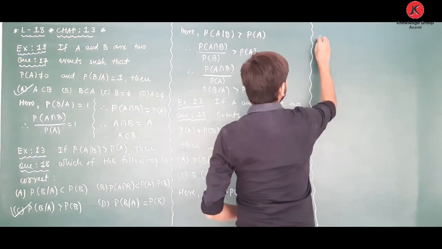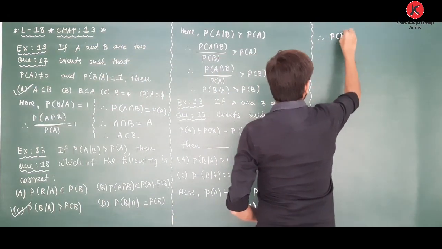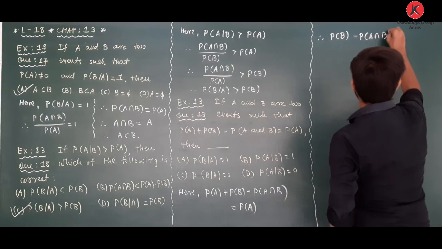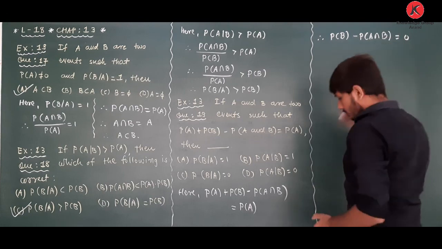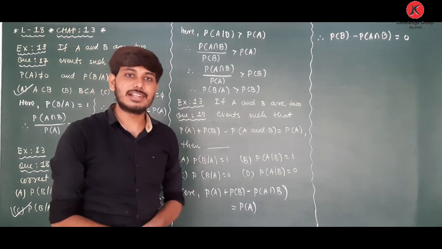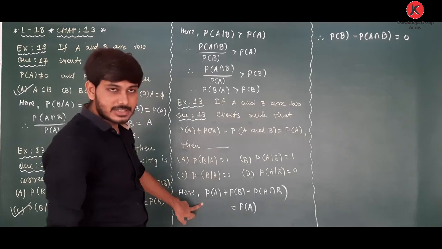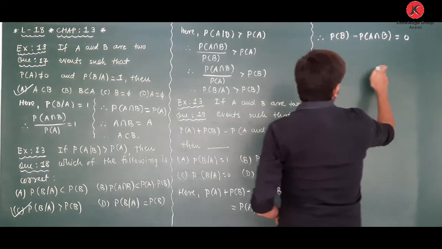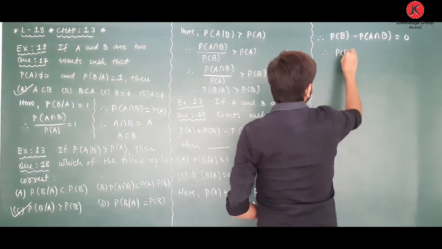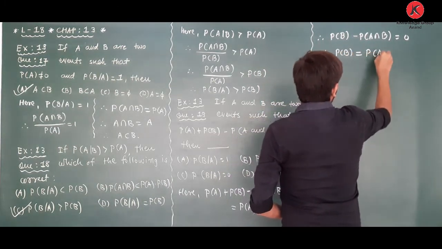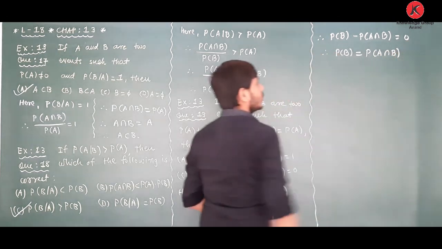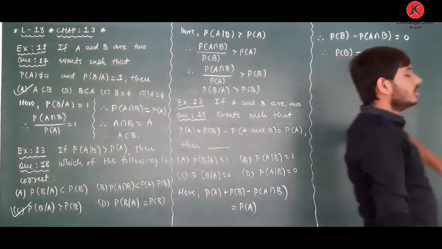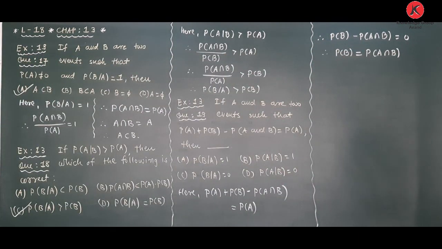Therefore, we are getting probability of B minus probability of A intersection B equals 0. Now take the probability of A intersection B on the right hand side. Therefore, we are getting probability of B equals probability of A intersection B.